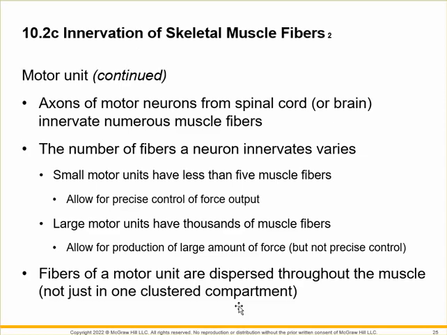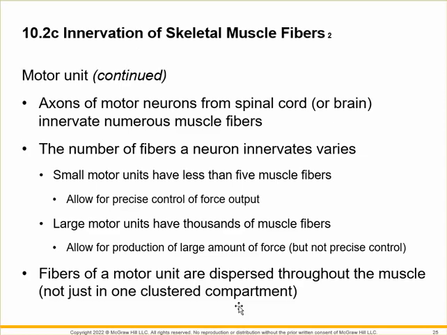In muscles where we don't need precise control, we can have large motor units. We can have thousands of muscle fibers in one motor unit. Very little control, but a large amount of force can be generated quite quickly. So think of the gluteus maximus muscle.